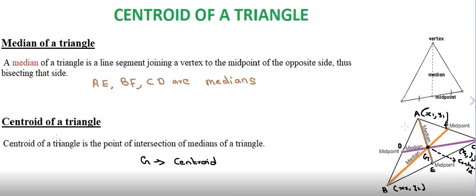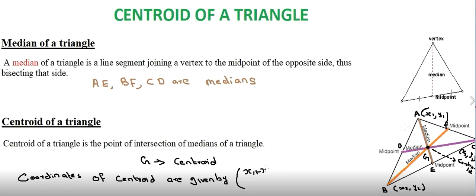The coordinates of the centroid of the triangle ABC are given by ((x1 + x2 + x3)/3, (y1 + y2 + y3)/3).